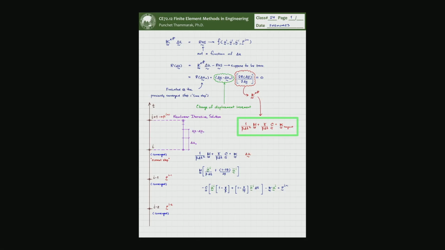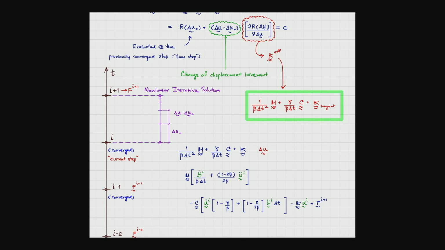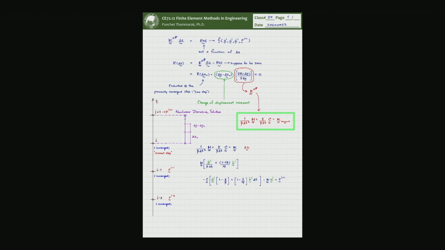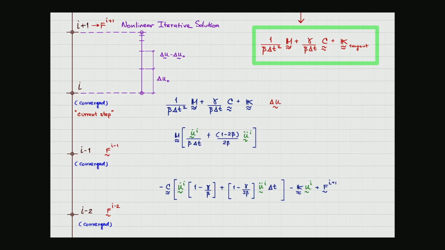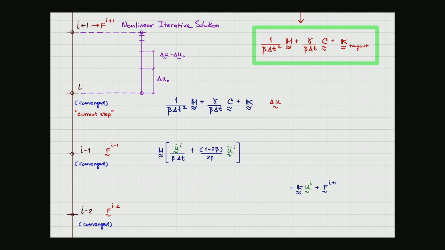Now I am going to expand the residual terms, which was from the previous lecture. Okay, I put it here already. Let me put all of them in place, and let me try to talk about each of them individually. So we have the mass term, the damping term, the K term, and the applied force term.